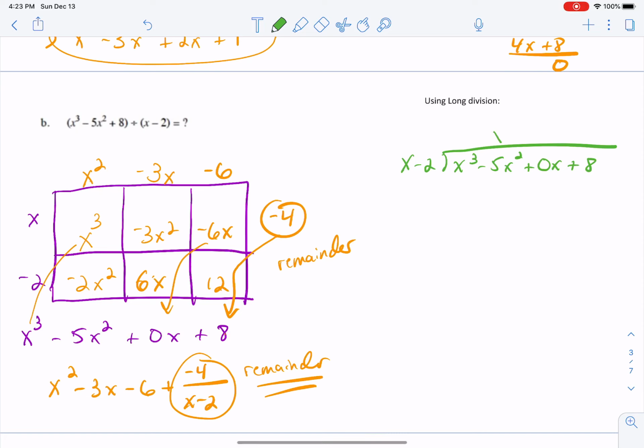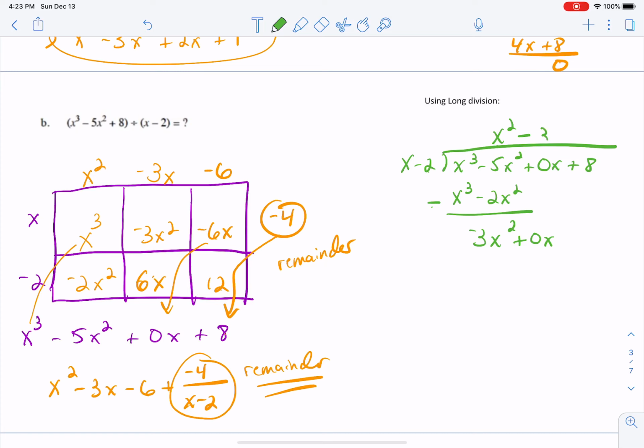I'm going to start by multiplying by an x squared, because x squared times x is x cubed. x squared times negative 2 is negative 2x squared. Negative 5 minus negative 2 is a negative 3x squared plus 0 x's.